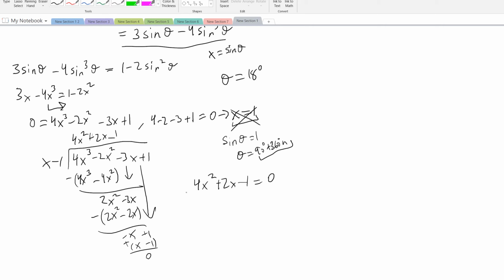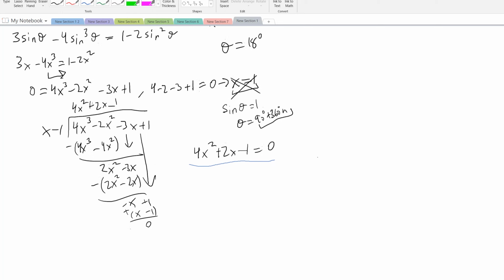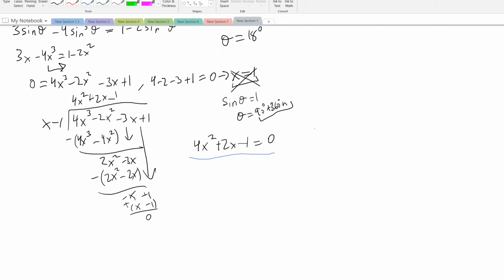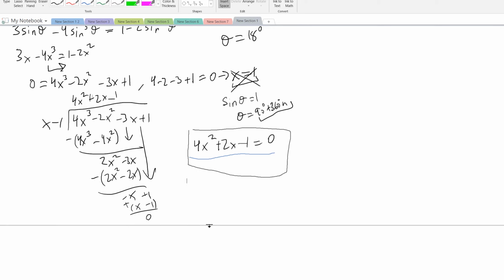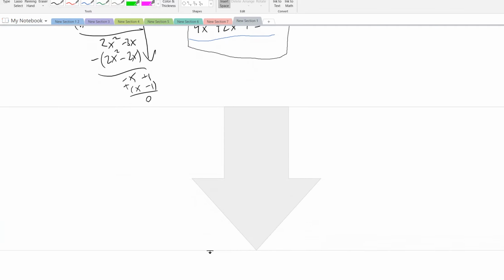Okay, so we have now reduced our problem to solving this equation: 4x squared plus 2x minus 1 equals 0. So let's solve it, because this is a quadratic, which we know how to solve.